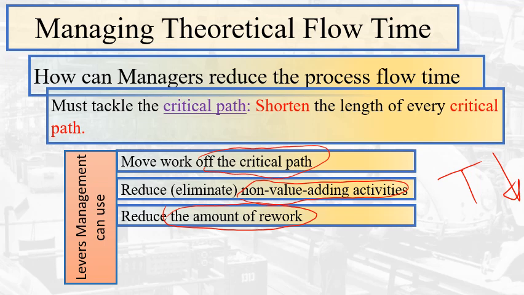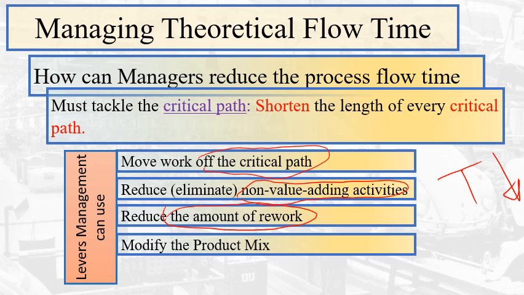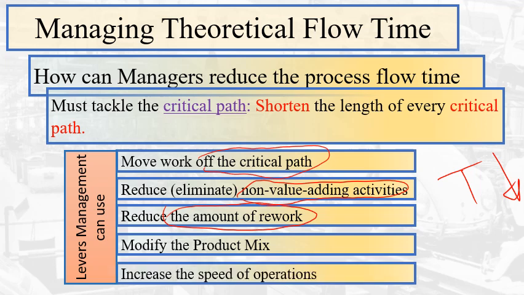If we don't do any rework, we could use those resources to actually work on the process, and especially to work on the critical path. Modify the product mix. Sometimes changing how the product is might reduce the time. Obviously, increasing the speed of operation is a very important point. Crashing resources. We've seen that in COM 225, where when the activities take too long, we use overtime to reduce the time. So that's an example of increasing the speed of operations.